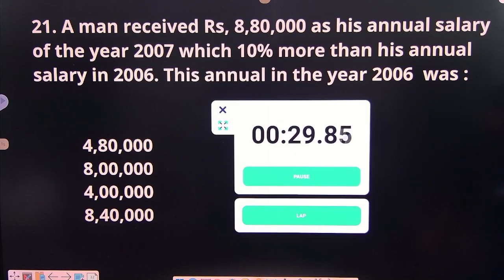Direct answer. Very nice. Eight lakh. Yes.